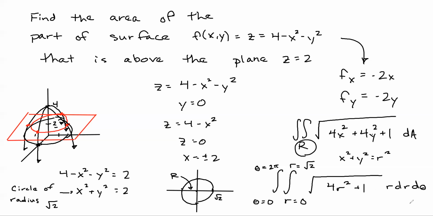All right, so let's go to the next page and evaluate this. So we've got 0 to 2 pi, 0 to root 2, square root of 4r squared plus 1 r dr d theta.